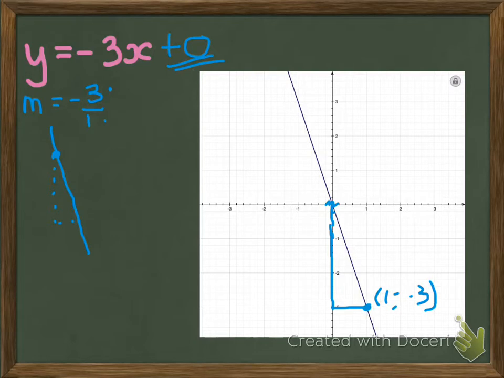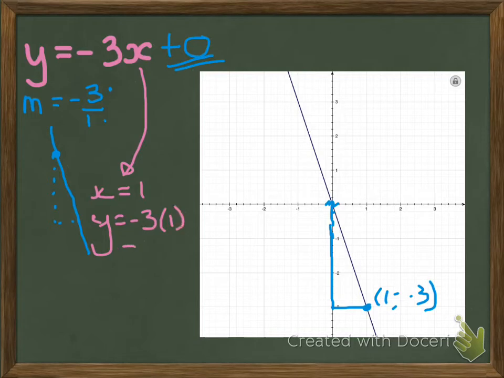Now, there's no fraction in front of the x, so quite frankly, I can use absolutely any x value I like. So if I take it down here, really easy peasy is to make x equals 1. So if x equals 1, I'm going to get y is equal to minus 3 times 1, which is obviously minus 3.